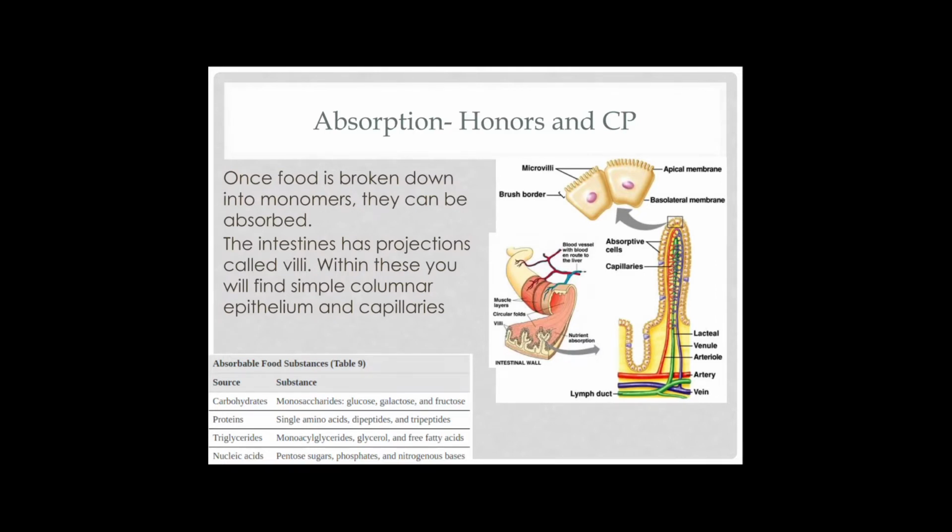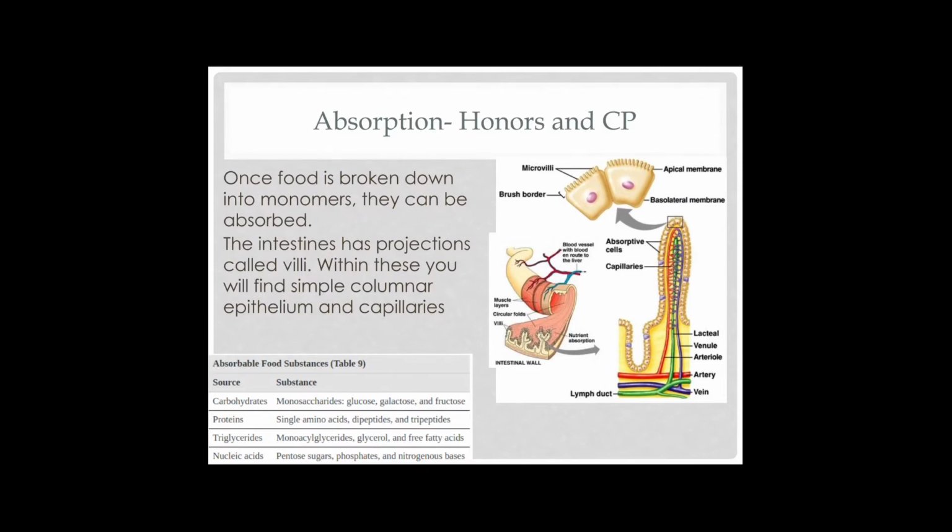Along the small intestines, in the jejunum and the ileum, are these projections called villi. They're going to be like hair-like projections on all of the cells, or the simple columnar epithelial tissue, that you can find in the small intestines. Inside of these, there are actually capillaries, so there's going to be the exchange of nutrients with the cardiovascular system.